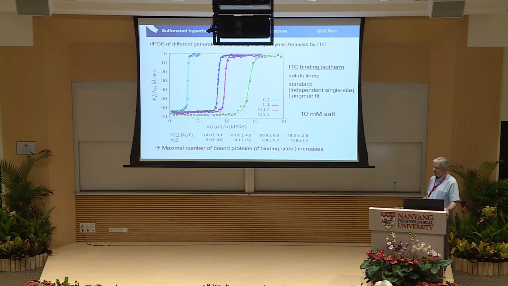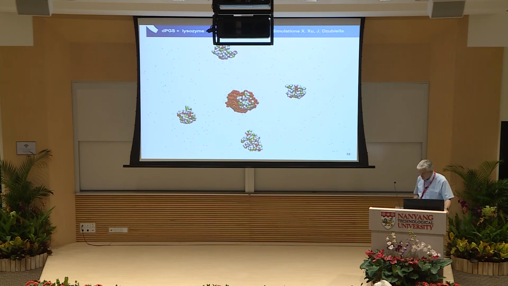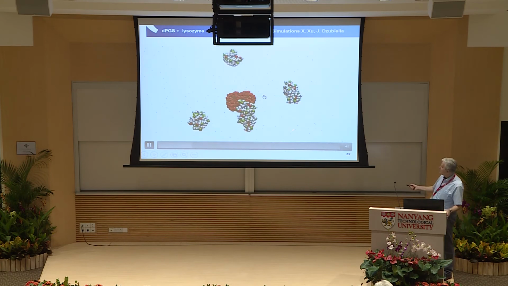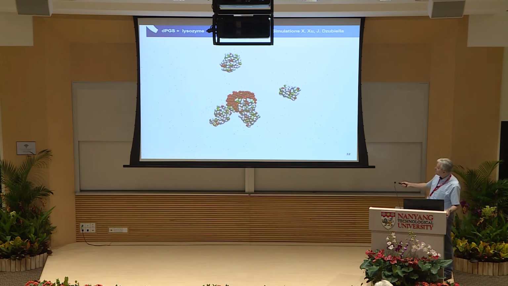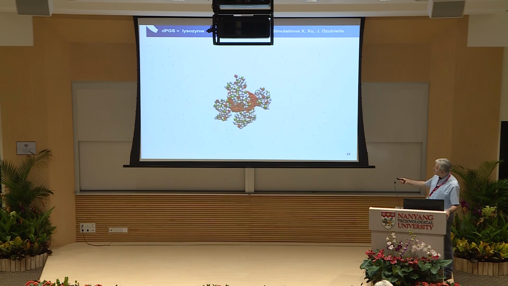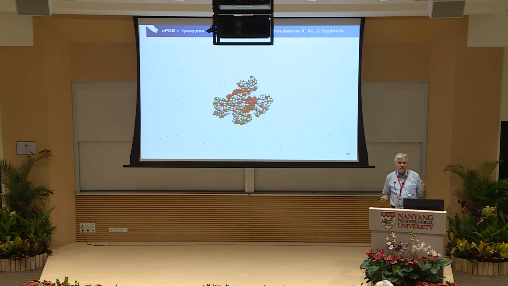So the point of inflection gives you directly the number of bound lysozyme molecules, and you can do the same thermodynamic analysis, and then you make a simulation, and you can watch the lysozymes being hooked on to the surface of the dendrimer, and you can, of course, now look into the details of your ITC experiment, because what you see here, and if you analyze the details, you see it quantitatively, is the negative cooperativity.